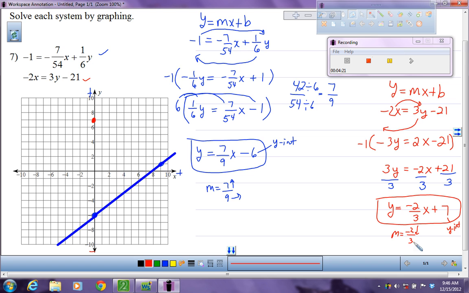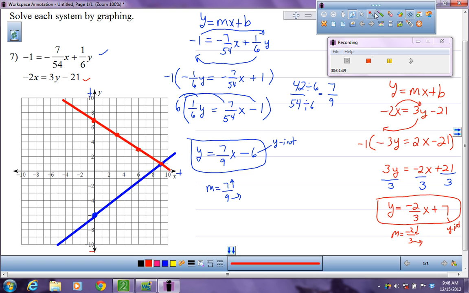The change of x is positive, so it goes to the right. Okay? So from here, it'll be 2 down and 3 to the right. If I continue, 2 down and 3 to the right, 2 down and 3 to the right. Connect the dots. Extend it right here.